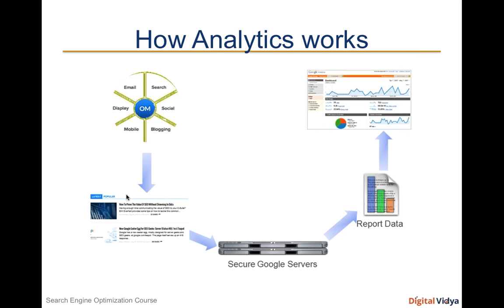The traffic coming onto our website is collected by Google servers, right? Google servers collect that data and secure this entire data in a secretive manner. The overall secrecy is maintained, and it's secured perfectly within the Google server.